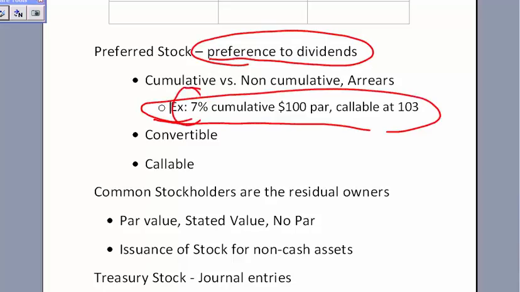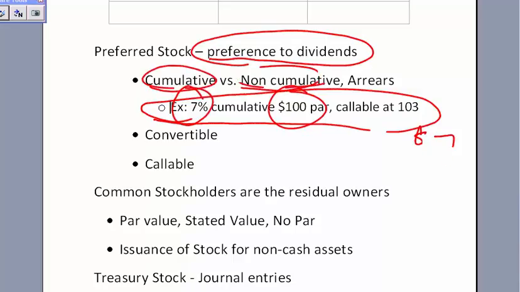So here we have 7% $100 par. So what we're guaranteeing is that they're going to make $7 per year on this share of $100 par preferred stock. The issue then becomes, is it cumulative or non-cumulative?